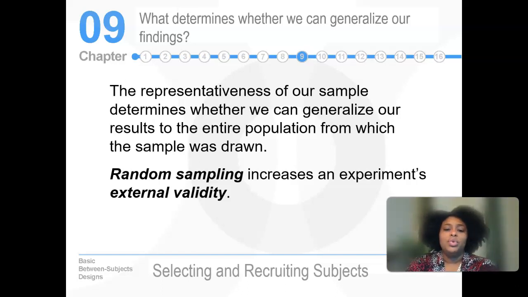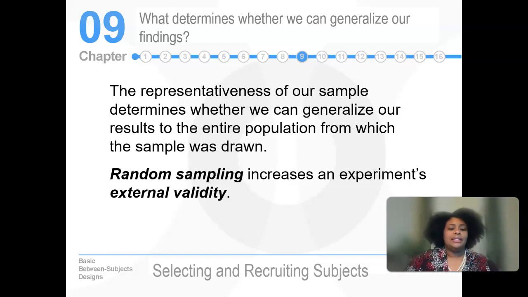We have to make sure that the representativeness of our sample determines whether we can generalize our results to the general population from the sample that we created. We talked earlier about random sampling. This is a type of sampling that will definitely increase the external validity of our experiment.